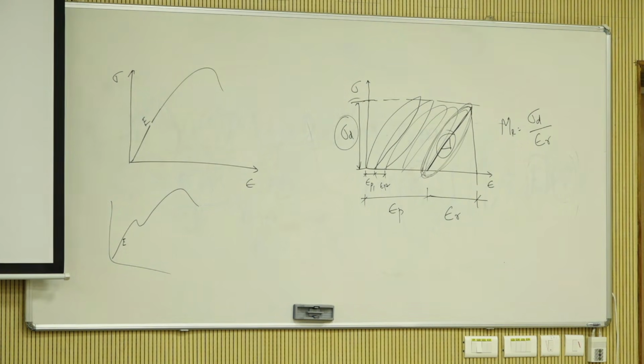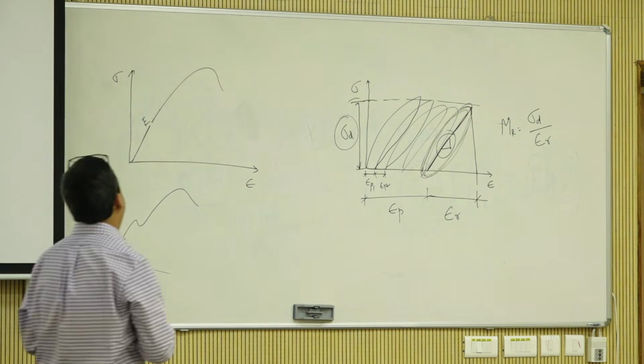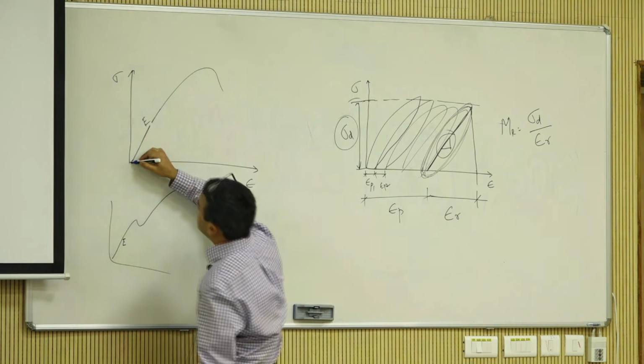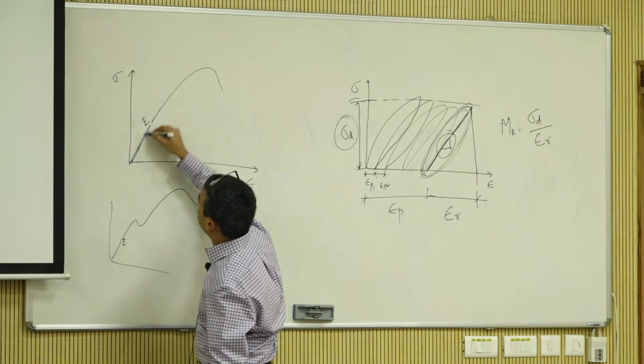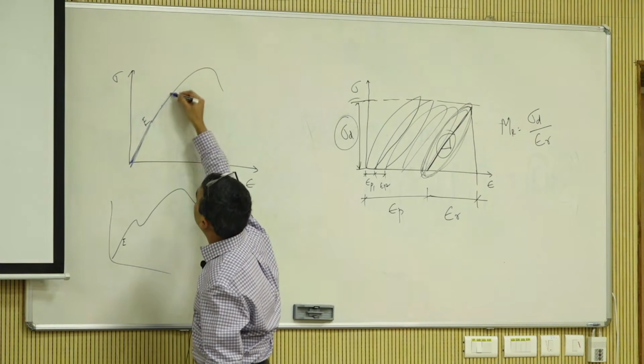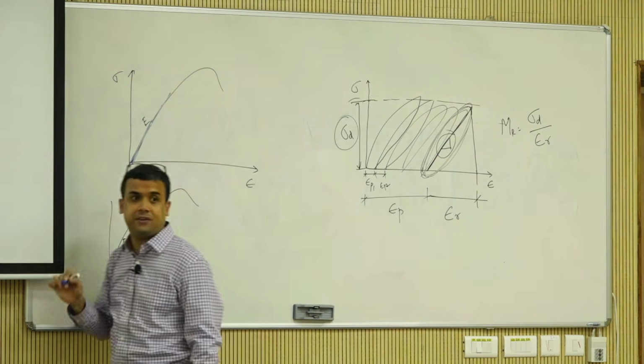Load is monotonic. Okay, so you are saying if I change this to load, unload, load, unload, load, unload, load, unload here, then that difference will be taken care of.